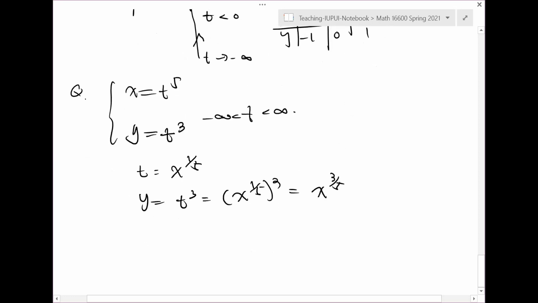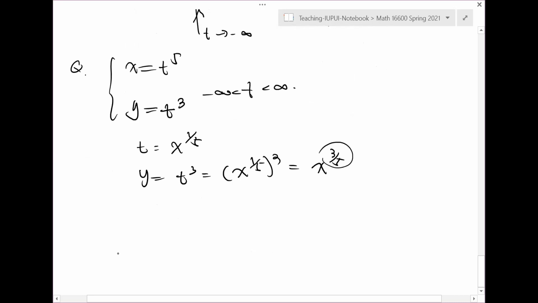This number is smaller than 1, just like a square root of x, so the graph looks like that. But x can be negative, because x to the 3/5 is defined for negative x. So this is the graph.